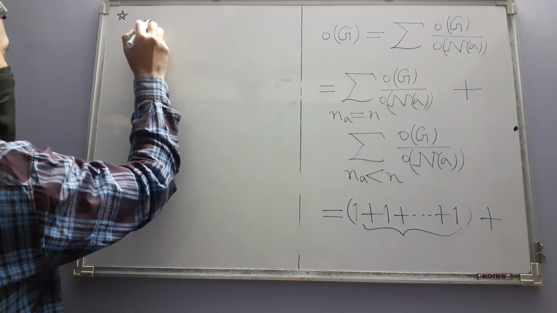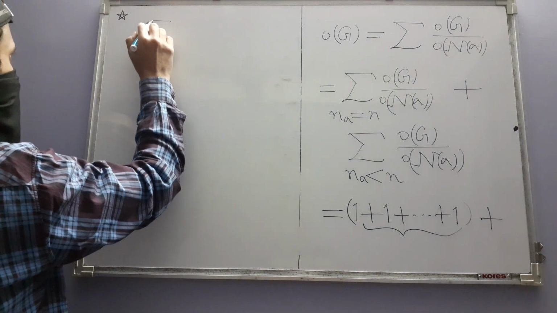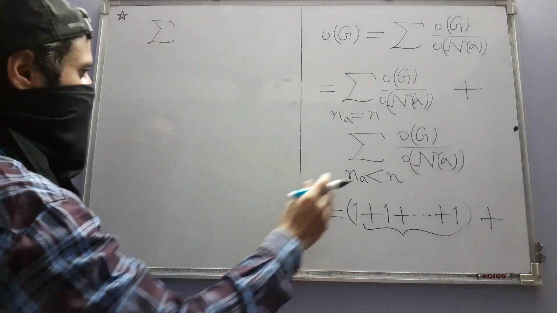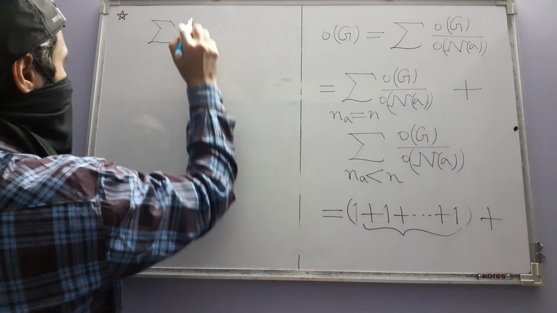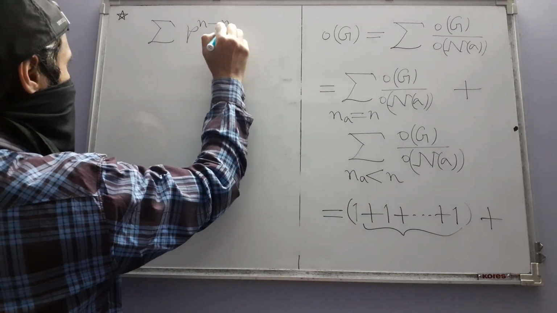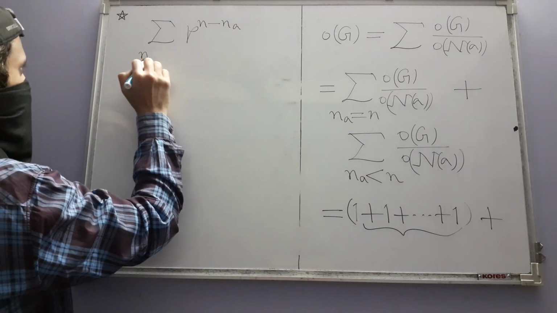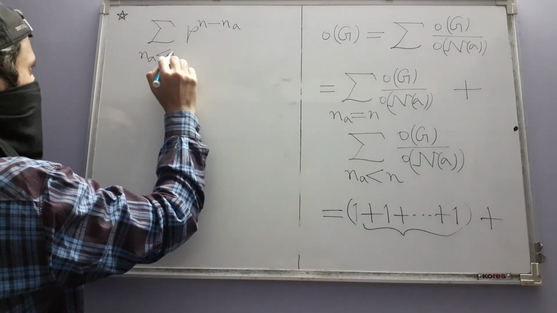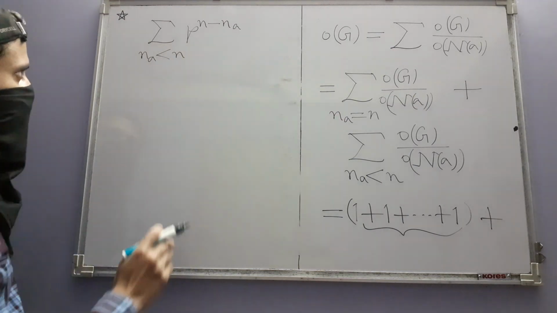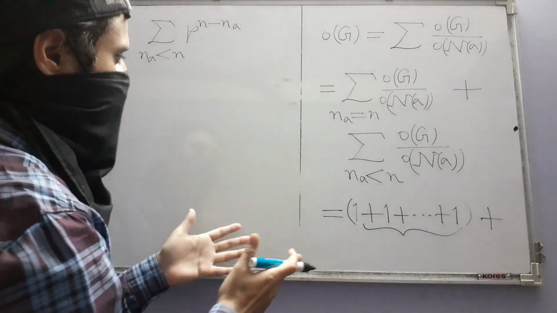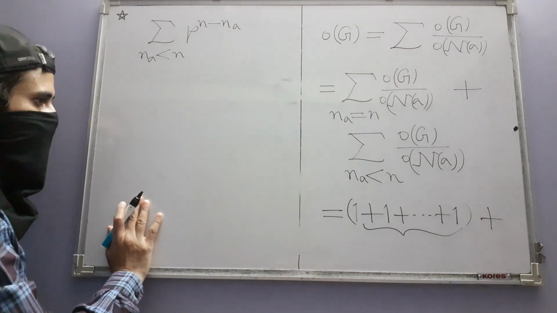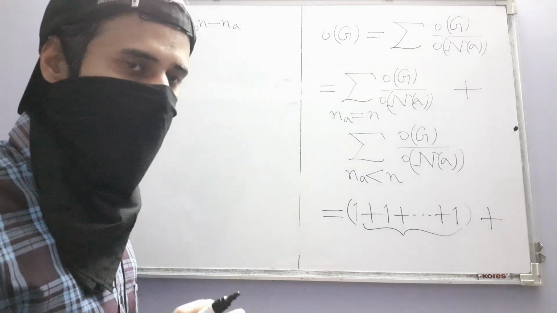The other sum can now be written just simply like this: p to the power n divided by p to the power NA. And that fact here also continues, that we are considering one A from each conjugate class, not multiple A's from the same conjugate class.